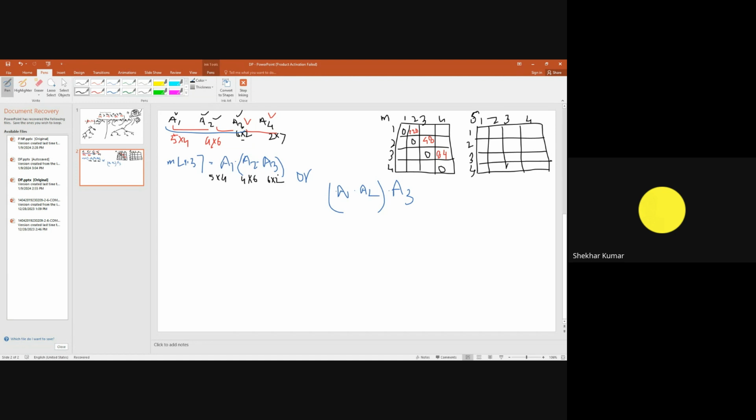If I calculate the cost in the first approach, the single matrix A1 is not multiplied at the start, so the cost is M1,1, plus I am multiplying A2 with A3, that is M2,3.